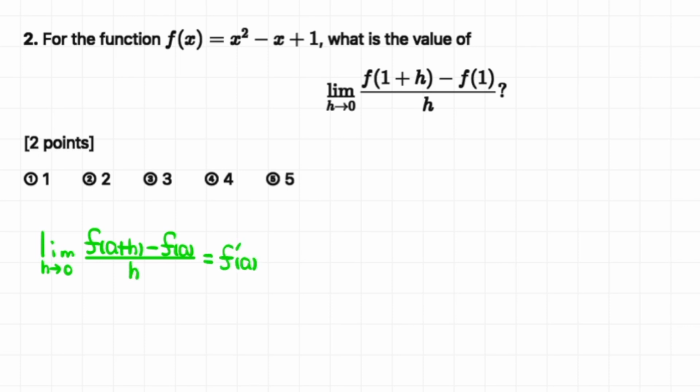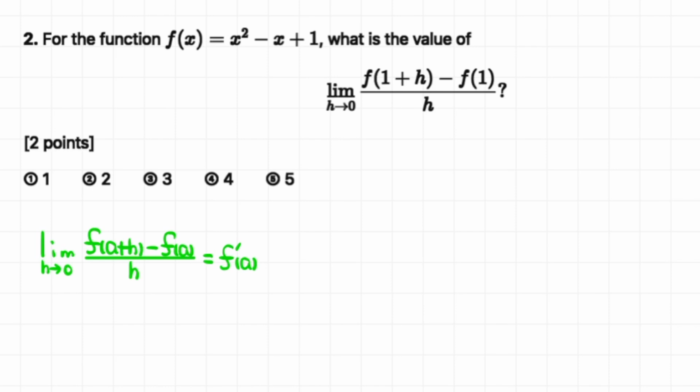In other words, it's the instantaneous rate of change of the function f at x equals a, also known as the derivative. Or geometrically, it represents the slope of the tangent line to the function f at that point.